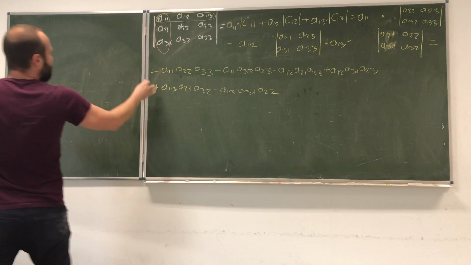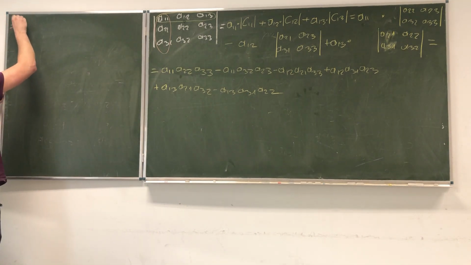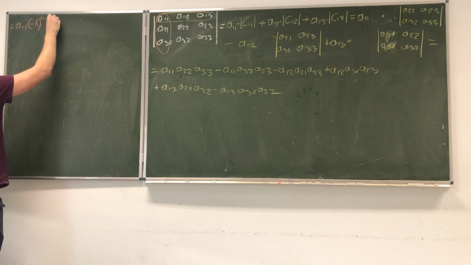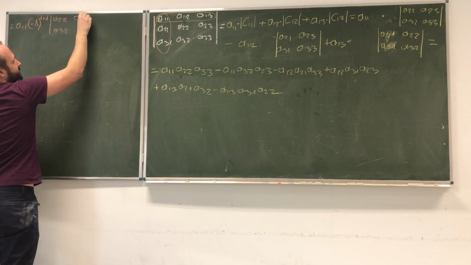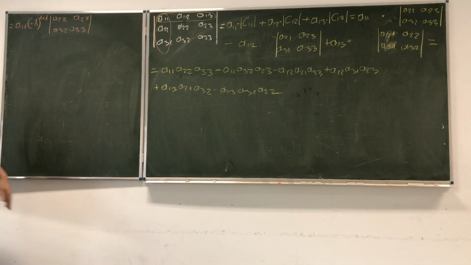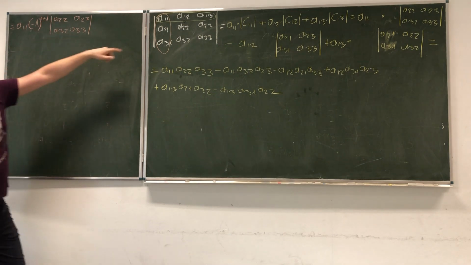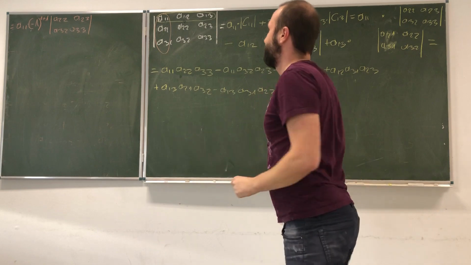Okay, so if I'm doing expansion by the first column, my first element will be A11 times negative 1 to the power 1 plus 1 times A22, A32, A23, A33. Right? Because I need to have element times negative 1, 1 plus 1, because this is the location of this element, and then I add the minor.